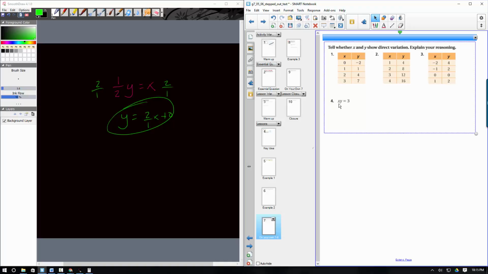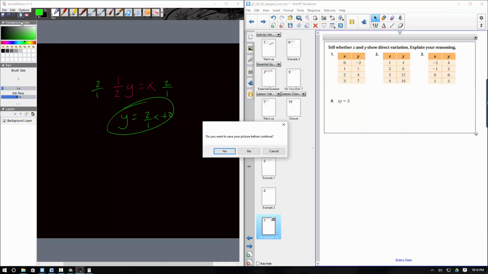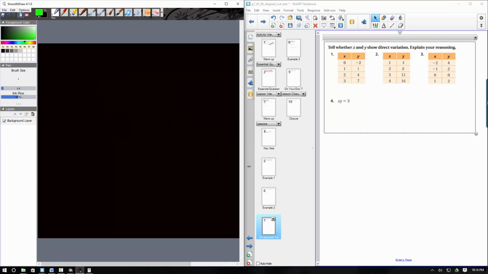This here, let me just draw this out real fast. So I have xy equals 3. And so I'd have to divide by, this is like x over 1. I would have to multiply this by 1 over x, and multiply this by 1 over x.